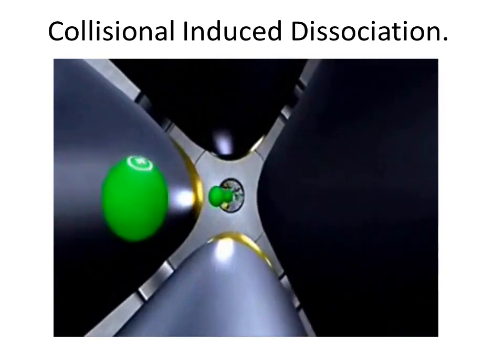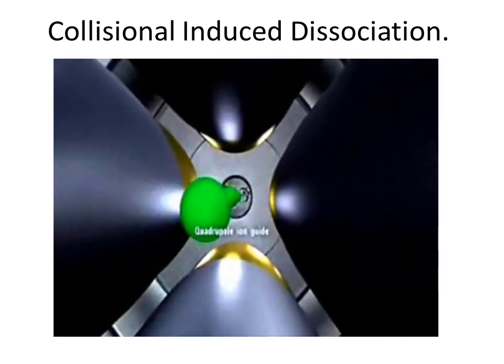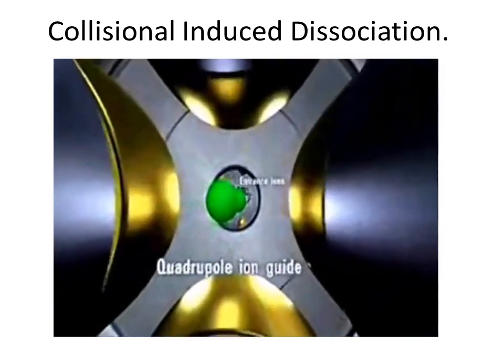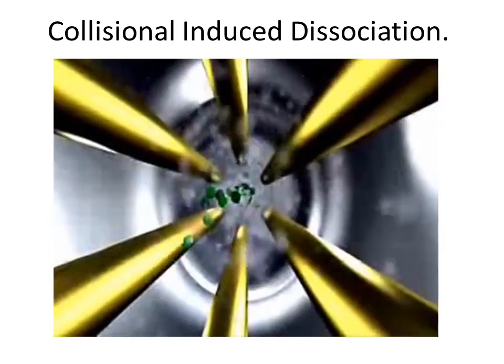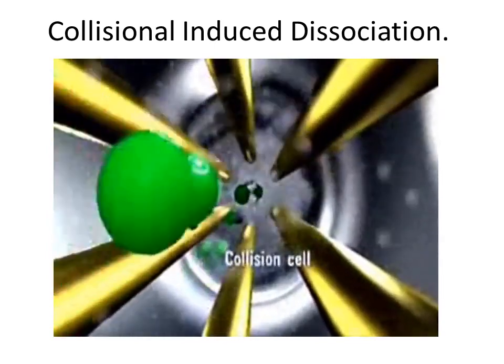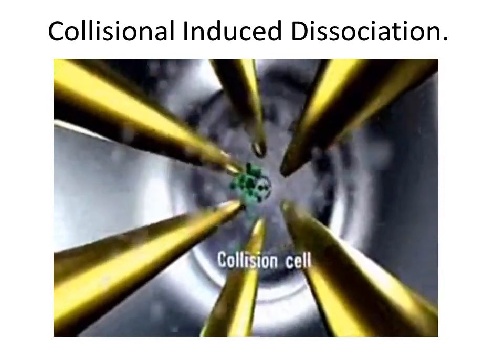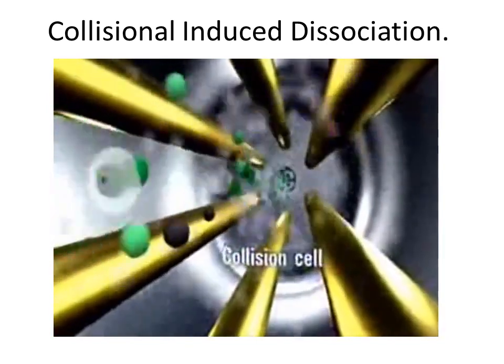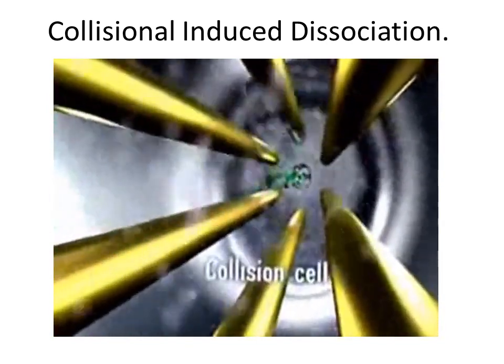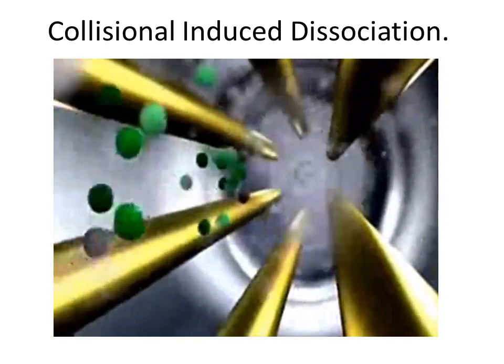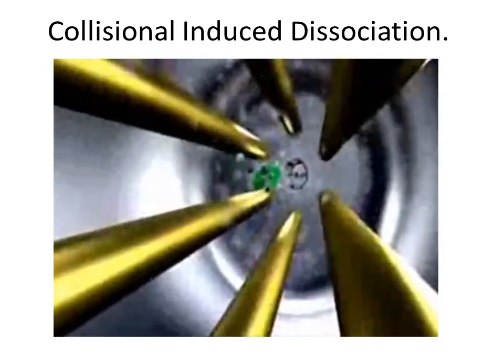As mentioned in the last presentation, the quadrupole 1 can be used to select only one ion to the exclusion of all other ions being sprayed in. These ions then get transmitted to a collision cell filled with nitrogen gas, where fragments are produced by collision with those nitrogen gas molecules.